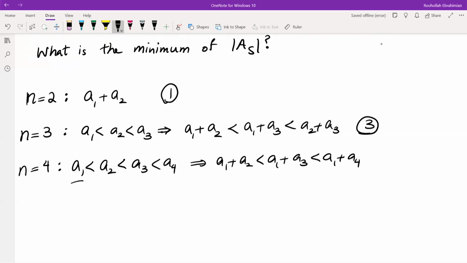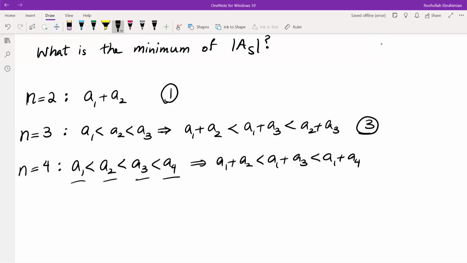Something like A1 plus A4 and A2 plus A3, you can't really know which one is smaller. So, but so far, we do know that we have at least A1 plus A2, A1 plus A3, and A1 plus A4.